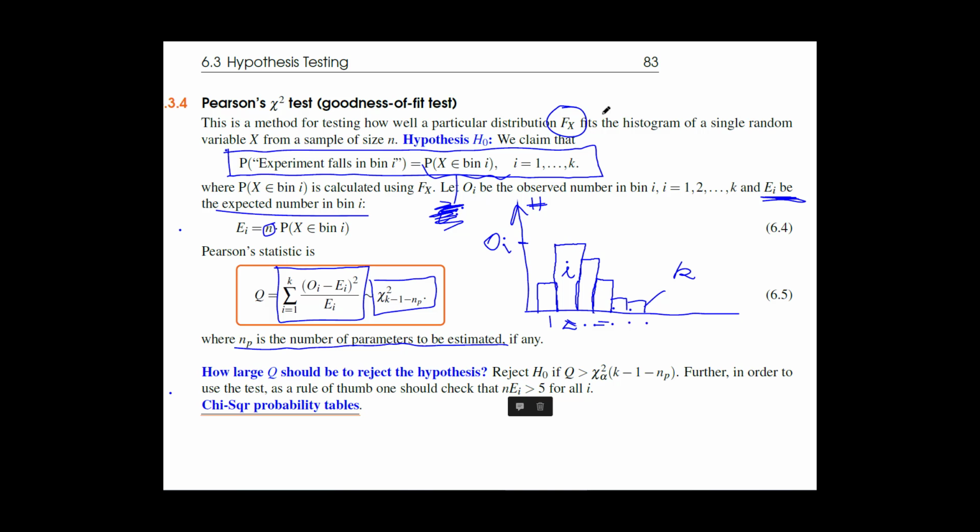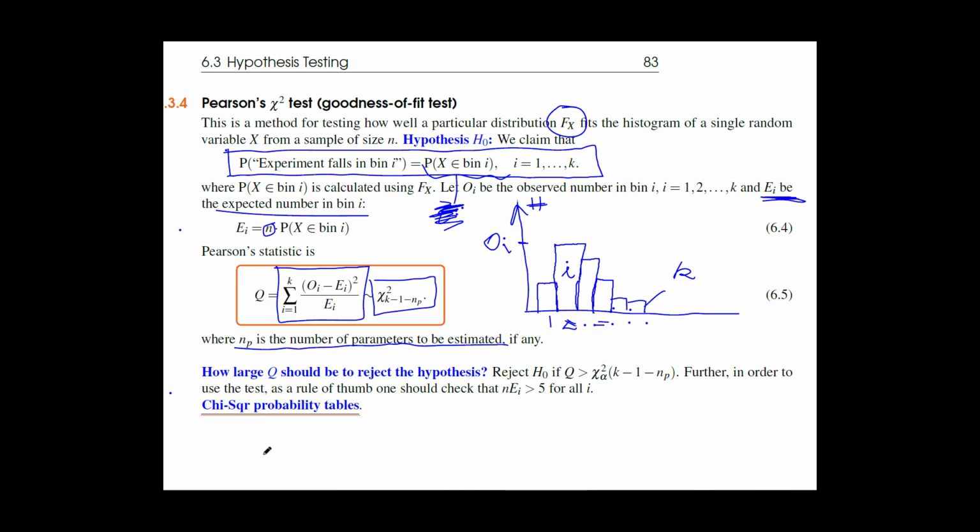Now, this result that this Q has the chi-square distribution is out of our league. We just have to accept it for now. It's not an easy proof, so we have to take a leap of faith here. But aside from that, the procedure is the same.